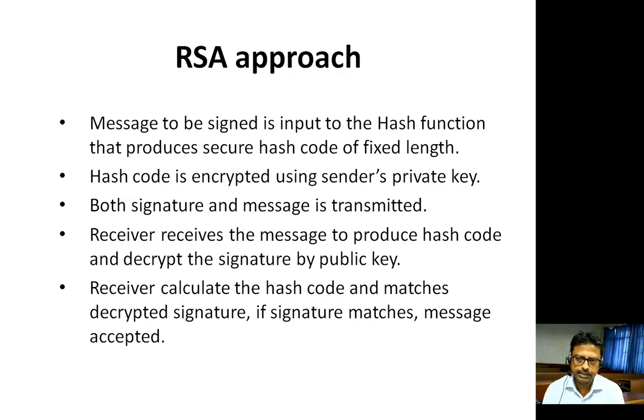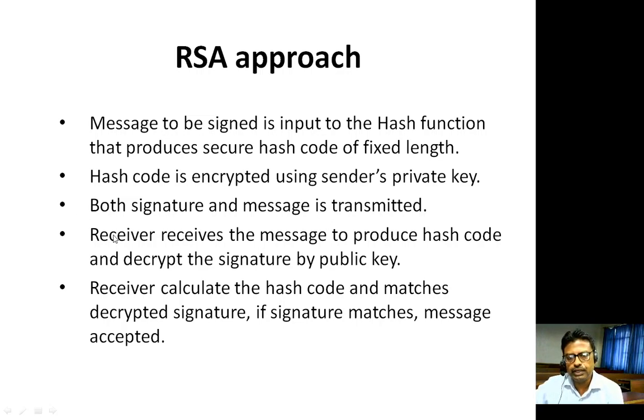So anybody who has the sender's public key can decrypt and know the hash value. Whatever has been signed on the hash value by the signing algorithm is called the signature, and that signature along with the plain text message is transmitted on the network.